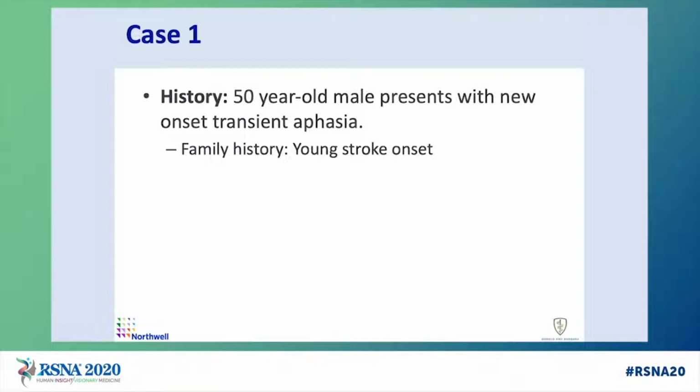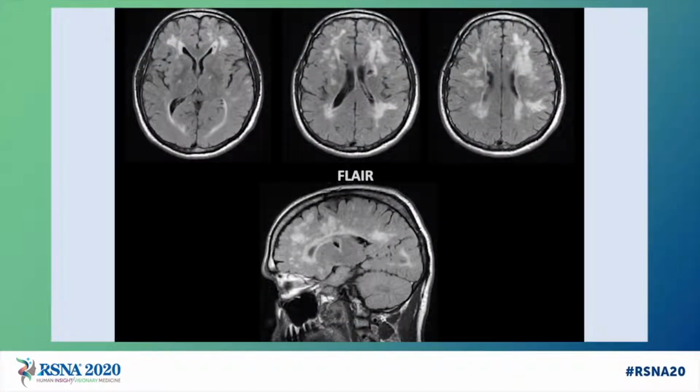presenting with new onset transient aphasia. Patient has a family history of young stroke onset. MR images using FLAIR demonstrate extensive hyperintense signal abnormalities involving the periventricular and subcortical white matter with several confluent areas bilaterally.